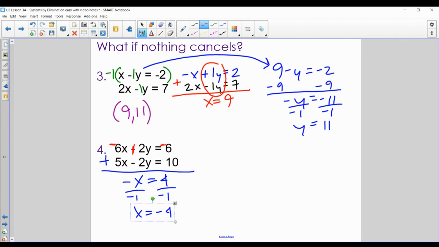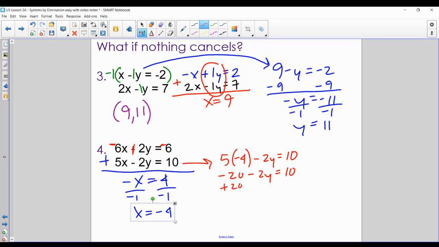Now I'm going to take the second equation, plug in negative 4 for x, solve it. So I've got negative 20 minus 2y equals 10.